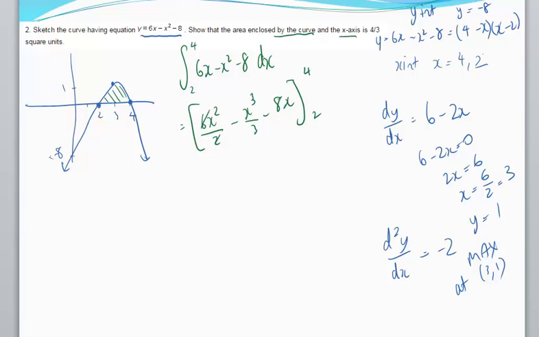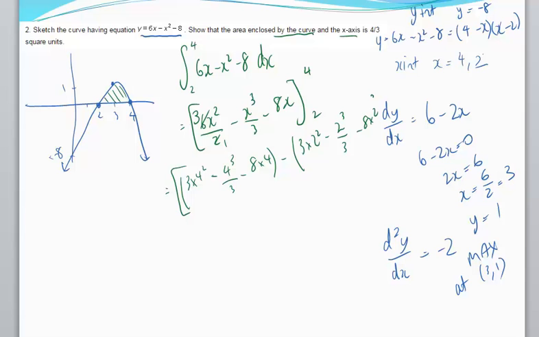This will simplify to 3x squared. Now we can substitute our points in. For 4, we have 3 times 4 squared minus 4 cubed on 3 minus 8 times 4, minus 3 times 2 squared minus 2 cubed on 3 minus 8 times 2.